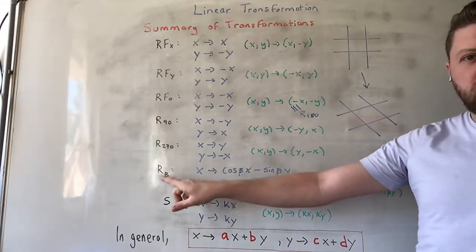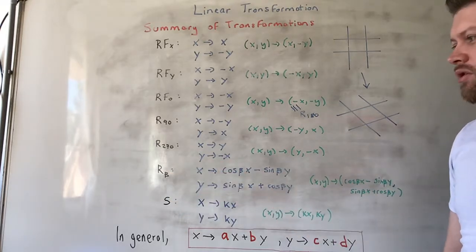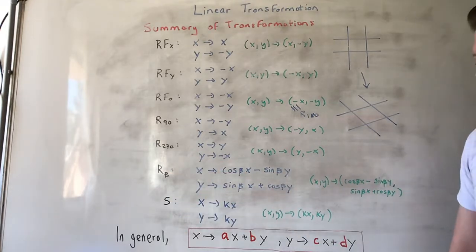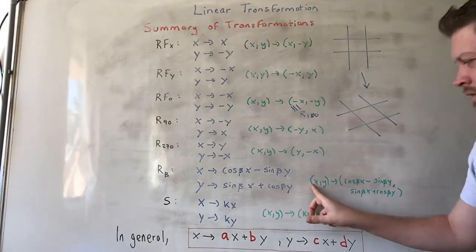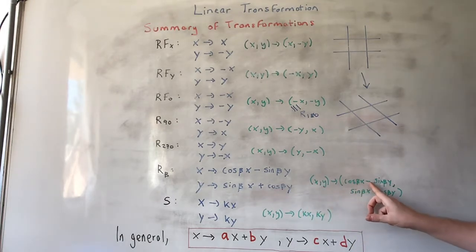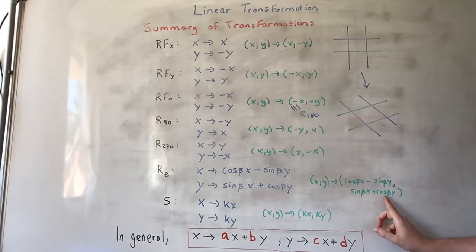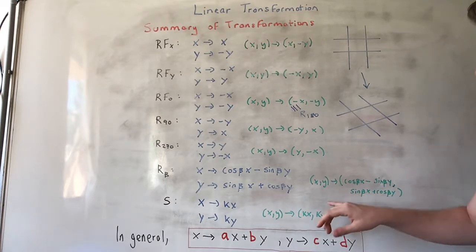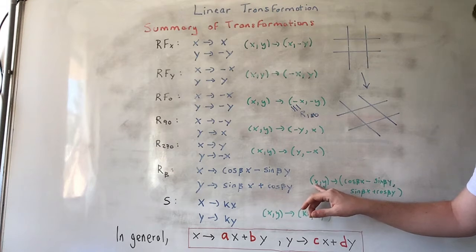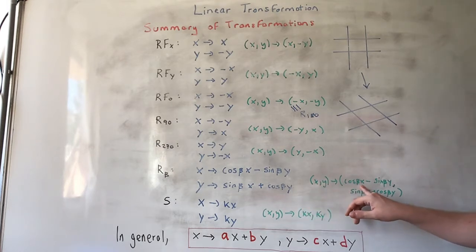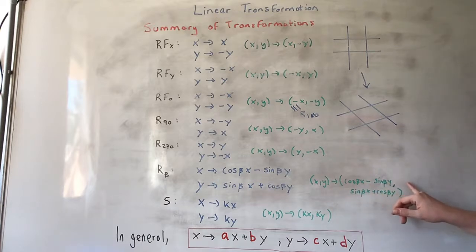This is an active transformation, or an active rotation. So (x, y) goes to (cos β x − sin β y, sin β x + cos β y). But you can see in this that the x coordinate moves to a new position that depends not just on the original x coordinate but also on the original y coordinate.